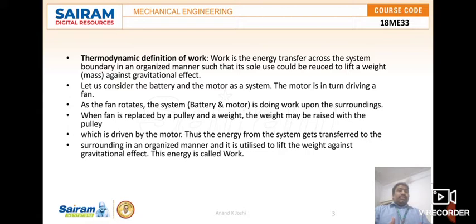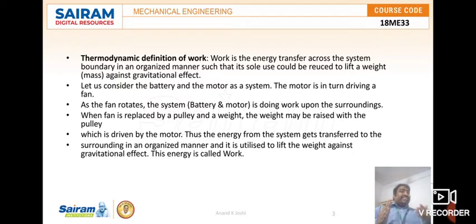According to thermodynamics, let us discuss one example. Consider a battery and motor arranged as a system. The motor is run driving a fan. As the fan rotates, the system, that is battery and motor, is doing work upon the surroundings. When the fan is replaced by a pulley and weight, the weight may be raised with the pulley, which is driven by the motor.